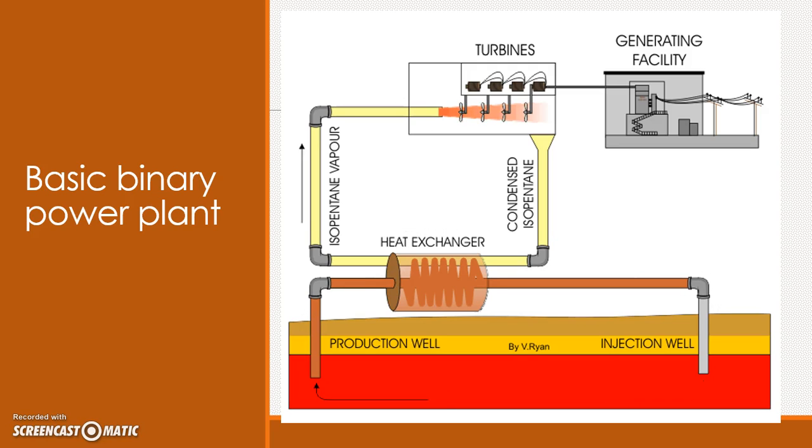The hot water is fed into a heat exchanger. The heat from the water is absorbed by a liquid such as isopentane, which is extremely volatile and flammable, and boils at a lower temperature. The isopentane steam is used to drive turbines producing electricity. Isopentane is then condensed back to its liquid state and used again.